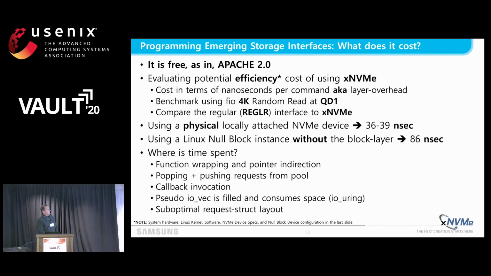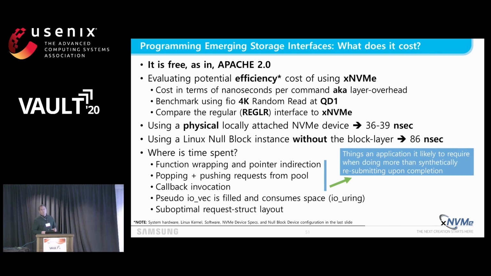And for this part of it, I would say that once you have an application, you're quite likely to do this sort of thing anyway. You need a convenient way to call back to your application once stuff is submitted, if you're doing more than just immediately resubmitting without caring about what was actually done. However, there's other stuff in xNVMe right now. It's filling out this iovec when it does the SQE entries.